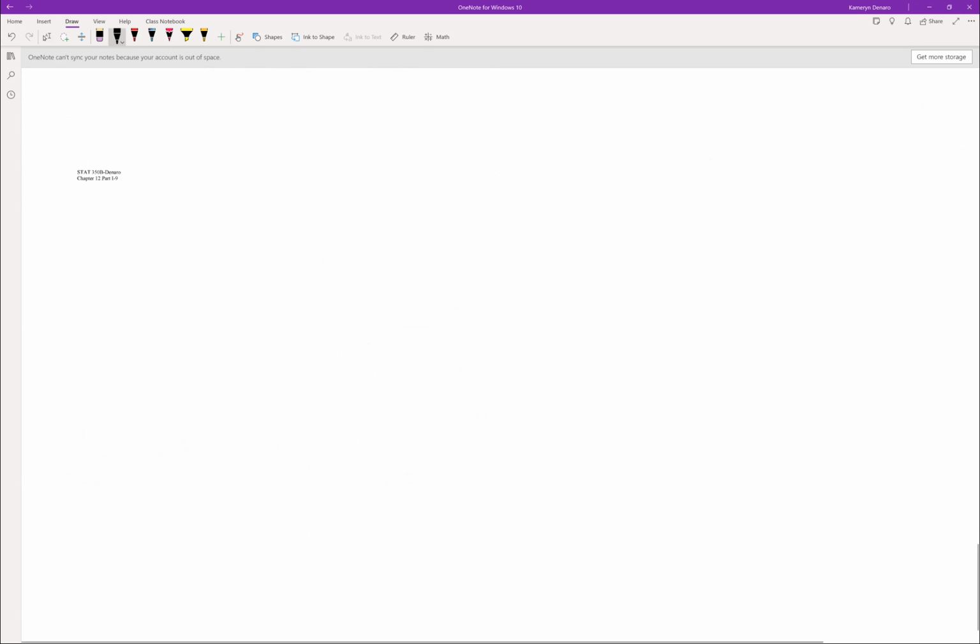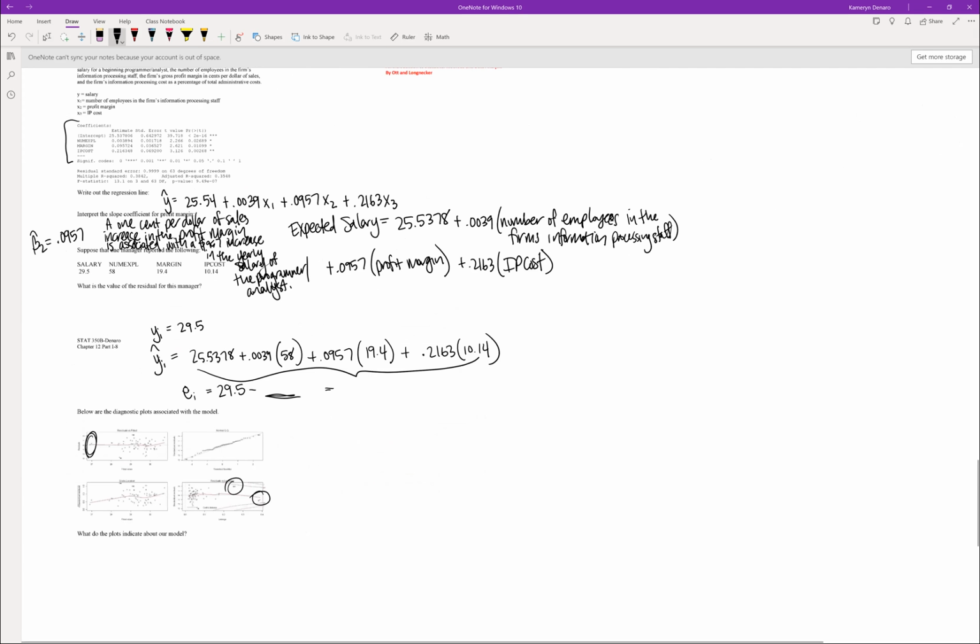The only thing left to do is to calculate the actual Yi hats. You can do that however you see fit, but I'm going to use R because that's what's close for me. You can use your calculator.